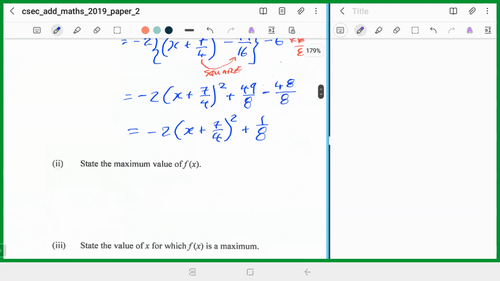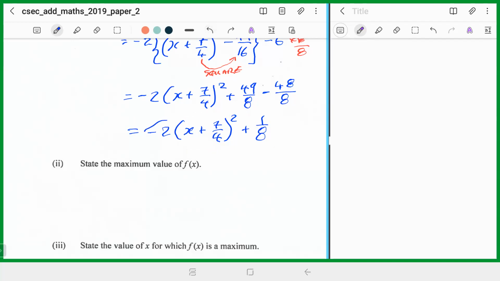The next part asks me for my maximum value. It says state, no calculation needed, it is this. That's the maximum value. The function is maximum when this inside here is 0. Remember, the function starts out with a value and it is always subtracting something. That's why that is negative. You start out with 1 over 8 and you keep subtracting values because the square term here can only be positive.